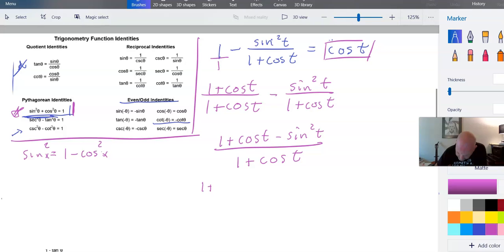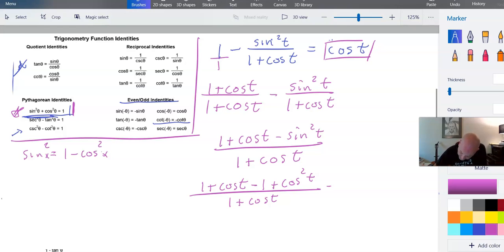So I have 1 plus cosine t minus 1. In fact, I'm just going to distribute this negative as we go here. So the minus gets distributed across this. So it's minus 1, and then the minus times a negative cosine makes it plus cosine squared t. Now, that's still over 1 plus cosine t. Still not looking great, is it?